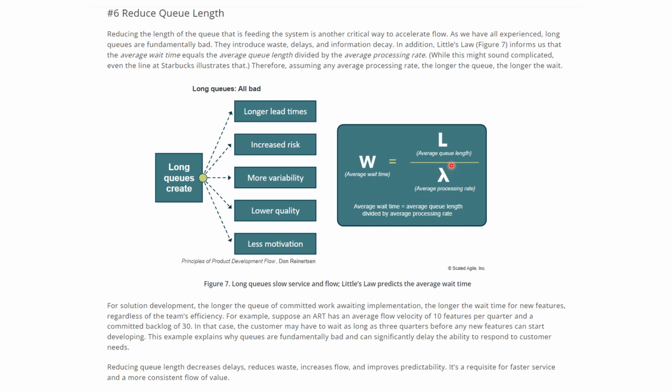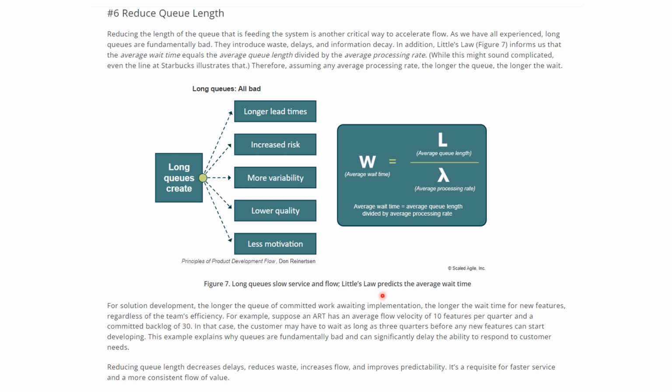So if you have a longer queue length, your waiting time will always be longer. Average waiting time is directly proportional to the average queue length. So the smaller the length, the less your waiting time will be.